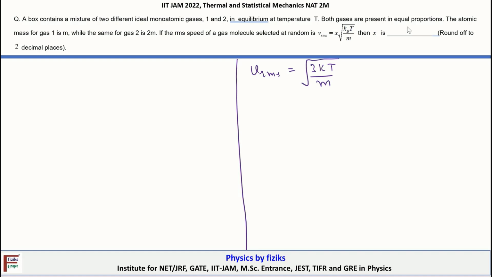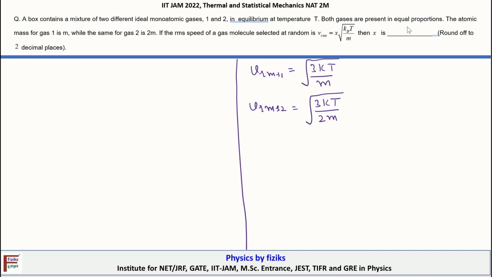Let's call this Vrms 1, where k is the Boltzmann constant. Similarly, we can write the corresponding expression for gas 2, Vrms 2, equal to under root 3kT upon the corresponding mass, that is 2m.